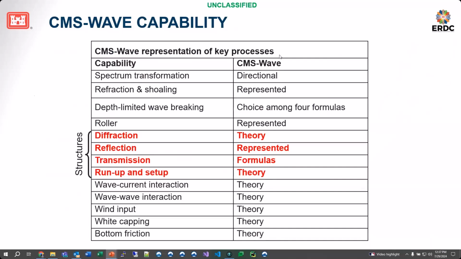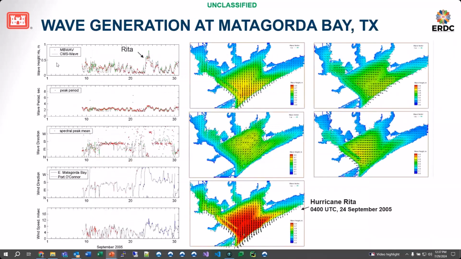Some of the capabilities here and how they're represented, just showing some of the capabilities with wave generation. So this is all wind generated waves due to Hurricane Rita. This is Matagorda Bay in Texas, and as the hurricane comes on shore, these directions of the wave energy are changing because the hurricane is moving over, and you're getting those winds cycling around and changing directions.